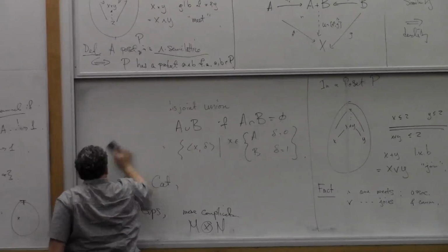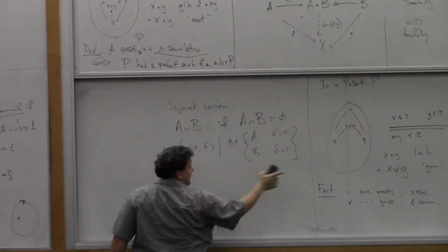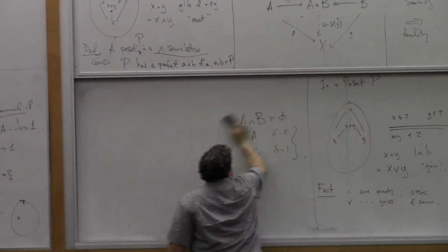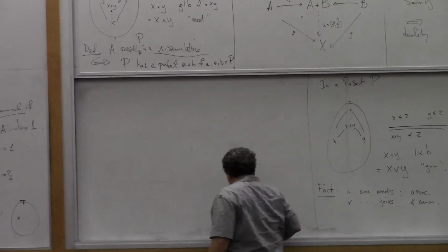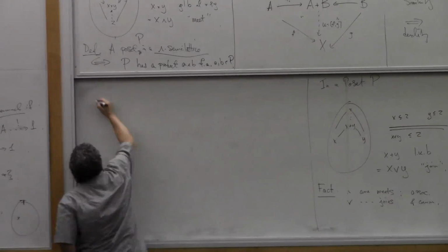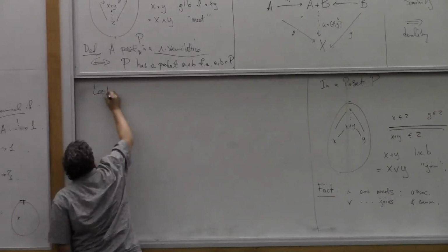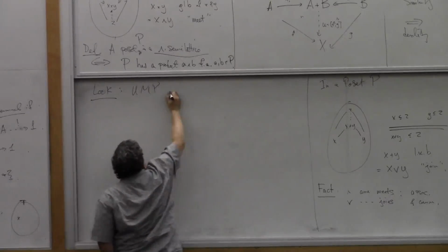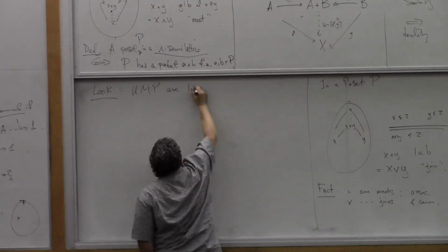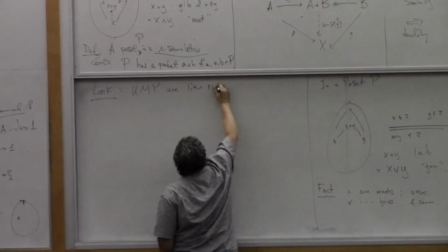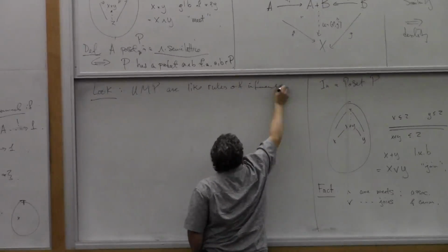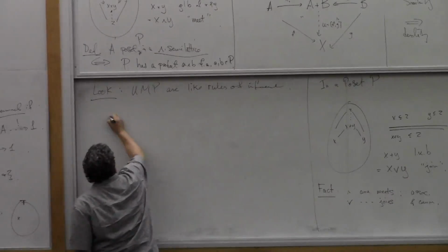And maybe this is a good time to emphasize, I haven't forgotten this unfinished check over there. I need to finish that sentence, but maybe this is a good time to emphasize the following. So, look. These universal mapping properties are like rules of inference, schematic rules of inference. Right, for the product, it looked like this.